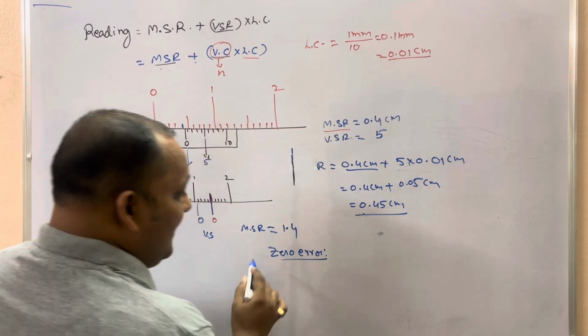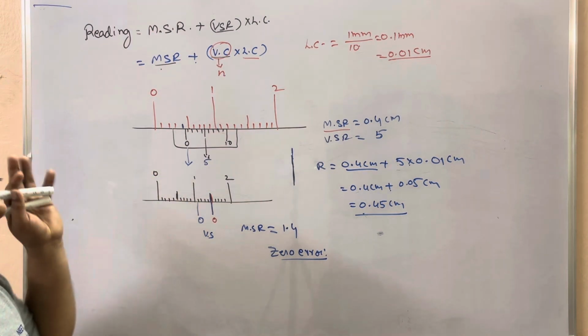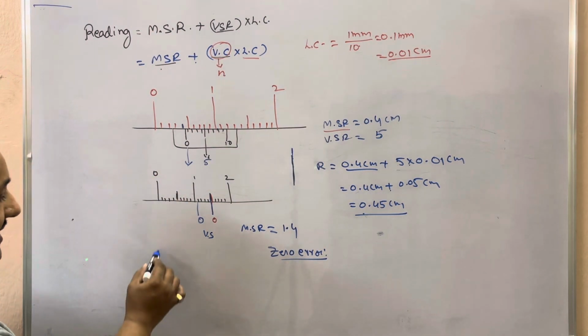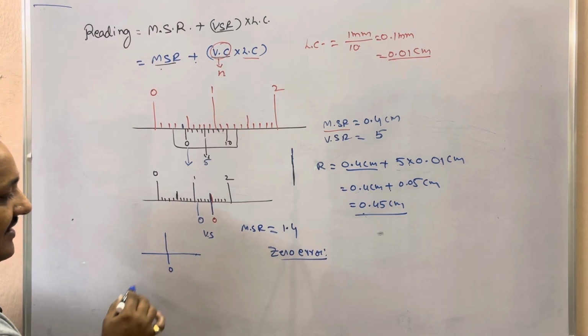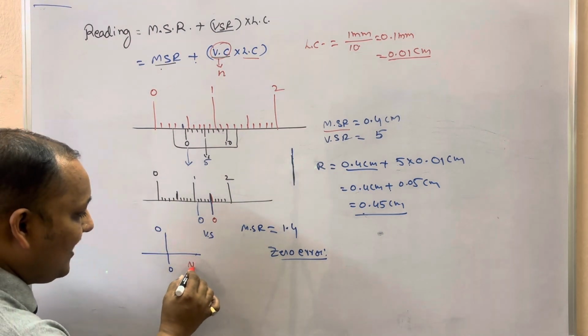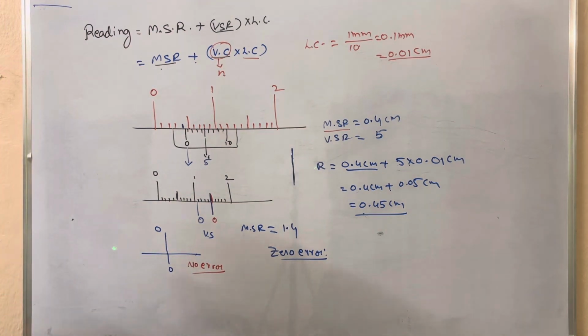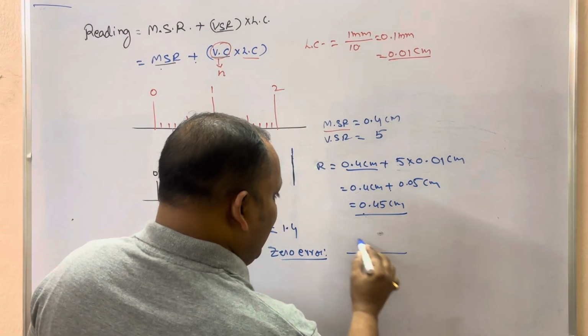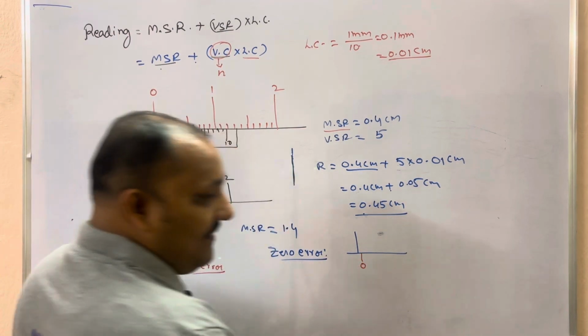Next, another one on this will be zero error. How to take error, if it is there or not there. So whenever vernier calipers is without any object, if 0 on the main scale is coinciding with 0 on the vernier scale, if 0 is exactly coinciding, then this is called no error. Let us assume 0 on the main scale like this. This is 0 on the vernier scale.